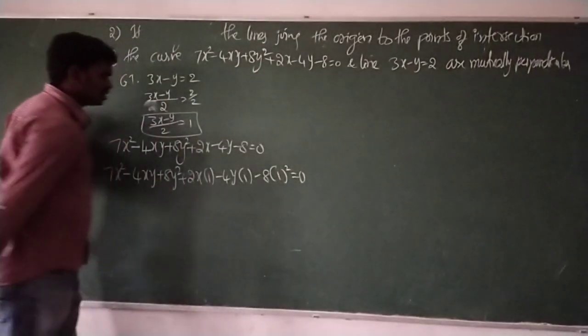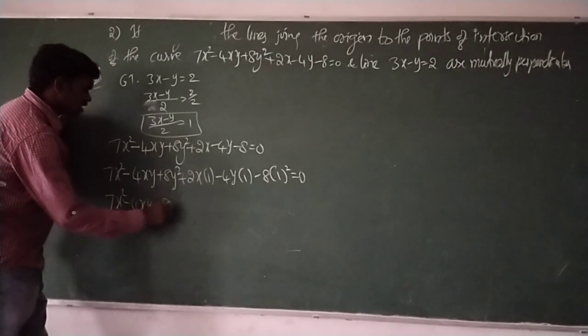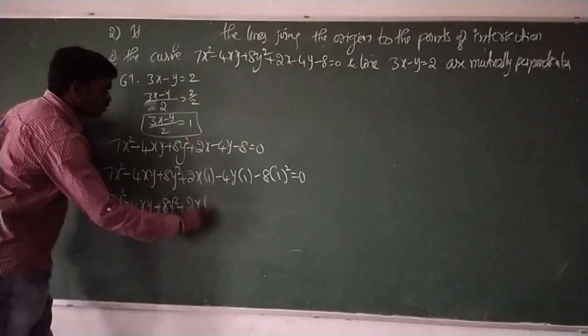Then take the curve equation given that 7x square minus 4xy plus 8y square plus 2x minus 4y minus 8 equal to 0. Then they transform into homogeneous equations. Means what? Each degree should be same. So 2x into 1 minus 4y into 1 minus 8 into 1 square is equal to 0. So then 7x square minus 4xy plus 8y square plus 2x into 1 means what?